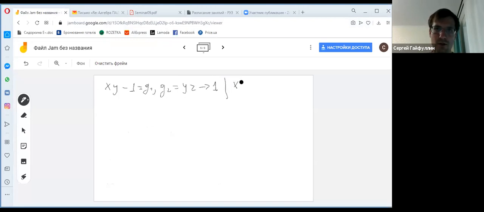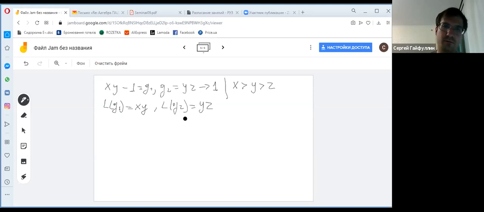Now I should think that x is bigger than y is bigger than z. Okay, and I would like to compute leading terms. Of course, the leading term of g1 is equal to xy, and the leading term of g2 is equal to yz. Okay, now I want to compute the lowest common multiple of these two monomials.